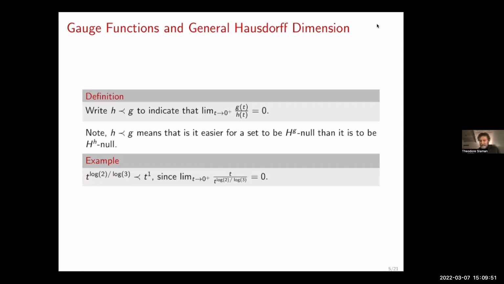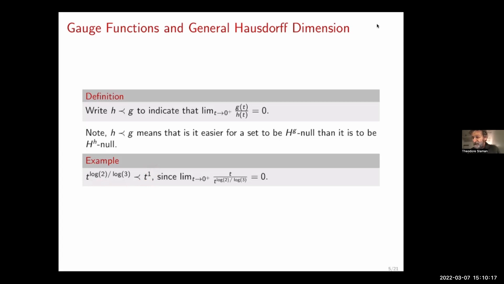But a set that has dimension 1 in the usual Hausdorff dimension is a set where you'd be looking at the linear h measure versus this Cantor middle third set measure. So that g is bigger than h means dimension g is greater than dimension h.